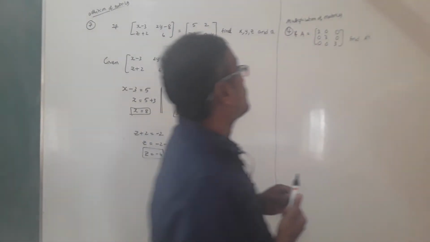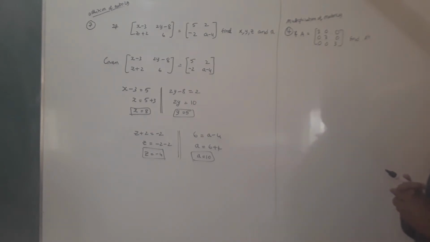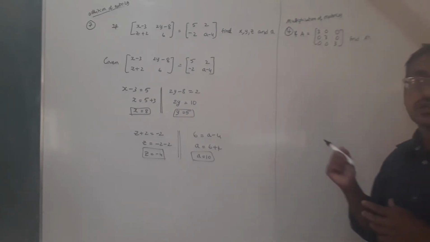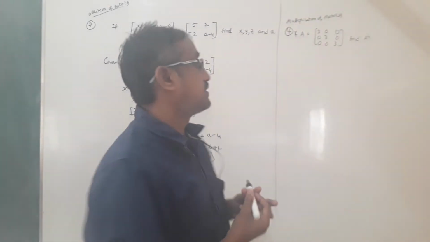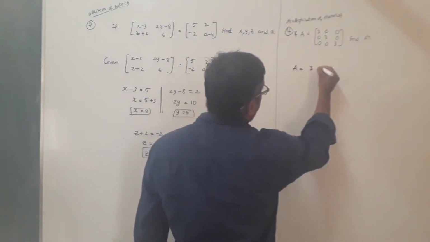Next, it is a problem from multiplication of matrices. Capital A is equal to the matrix [3 0 0; 0 3 0; 0 0 3], then find A power 4. It is a diagonal matrix.